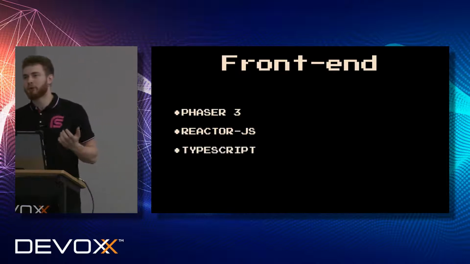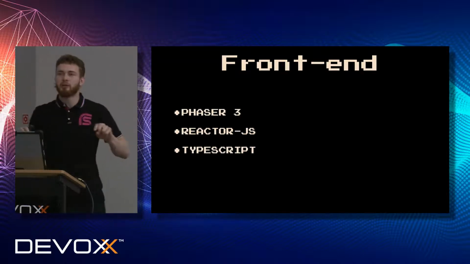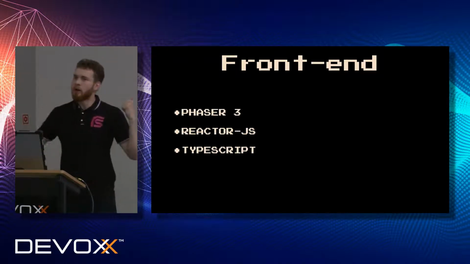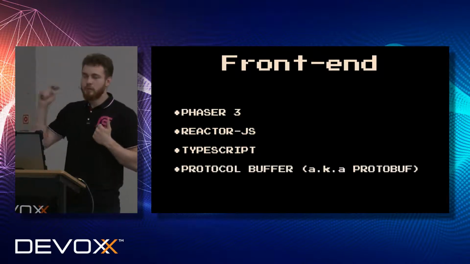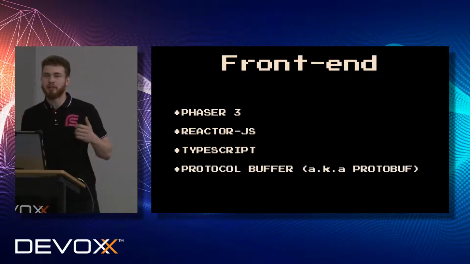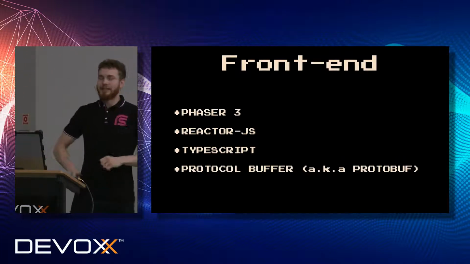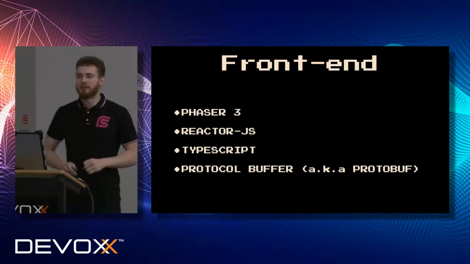I'm using TypeScript because JavaScript is a super dynamic language, and I prefer to make my code pretty static and clean. And I'm using Protocol Buffers for the same reason as before, in order to make everything identical on both sides, and to make my message sending pretty fast.